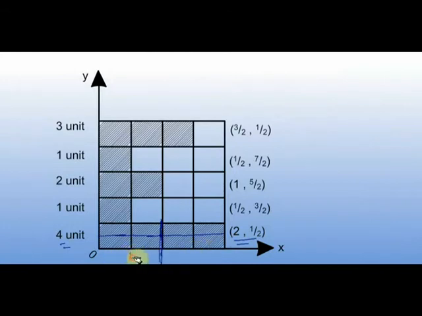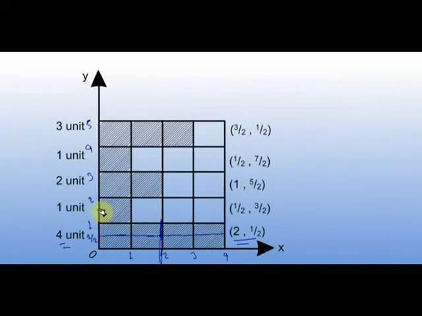It is clear from the figure, since this is 1, this is 2, this is 3, this is 4, this is 1, this is 2, this is 3, this is 4, and this is 5. So the coordinate of center of mass is: x coordinate is 2 and the y coordinate is 1 by 2.